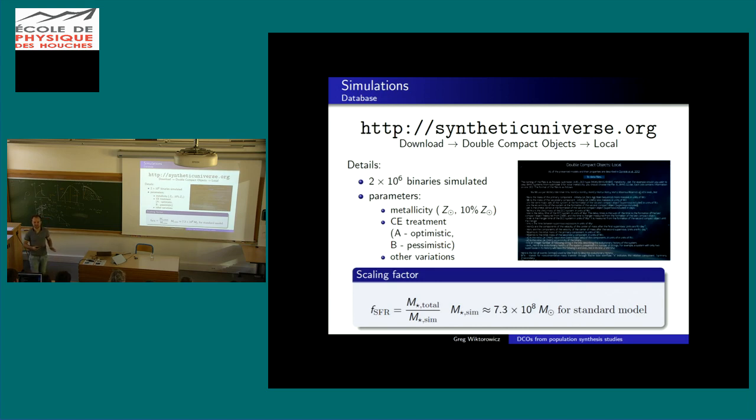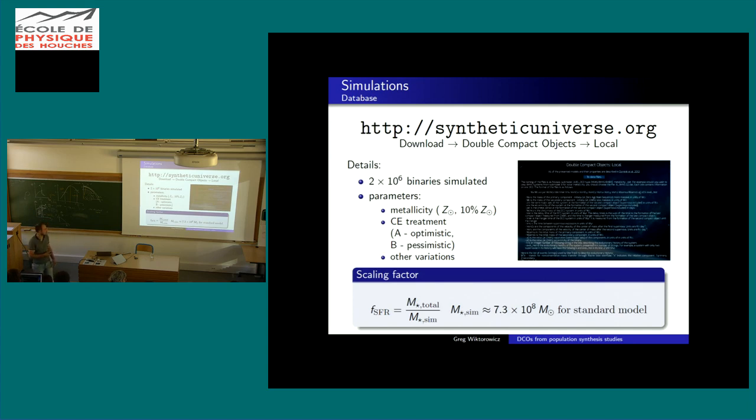They don't have fancy names, they are just called variety 1, 2, and so on. They are described in a paper. If we'll be very quick today, maybe we'll also look into these variations. And I mentioned the scaling factor.